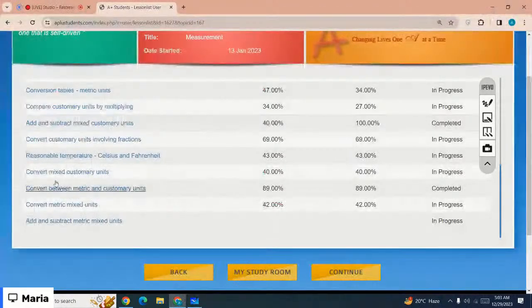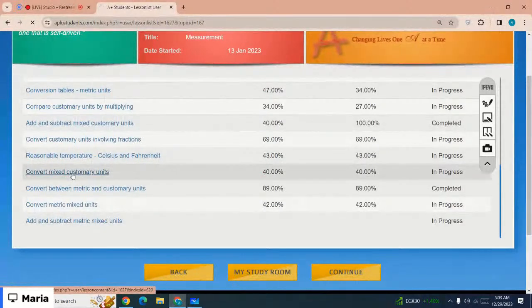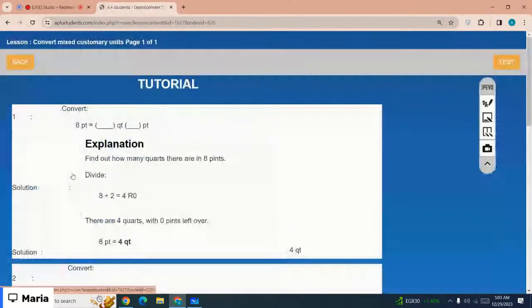Here I am on grade 5 math. The lesson we're going to start with is convert mixed customary units. You have to convert 8 pints to quarts. We need to see how many quarts are there in 8 pints.